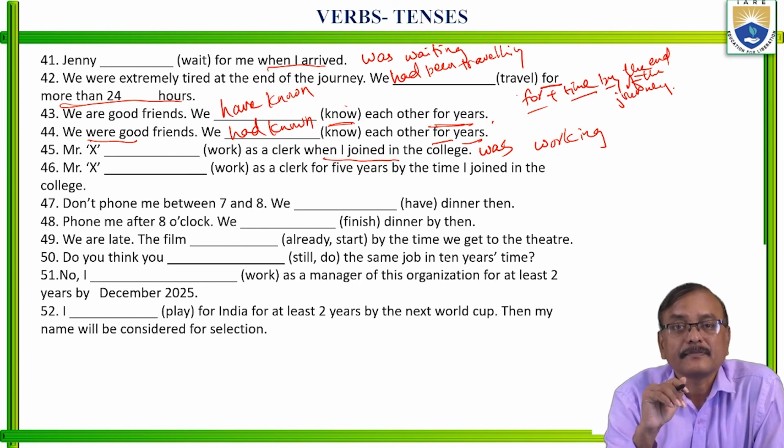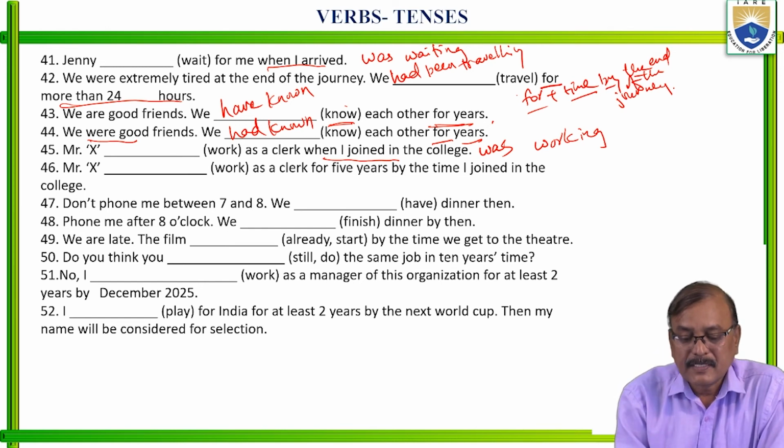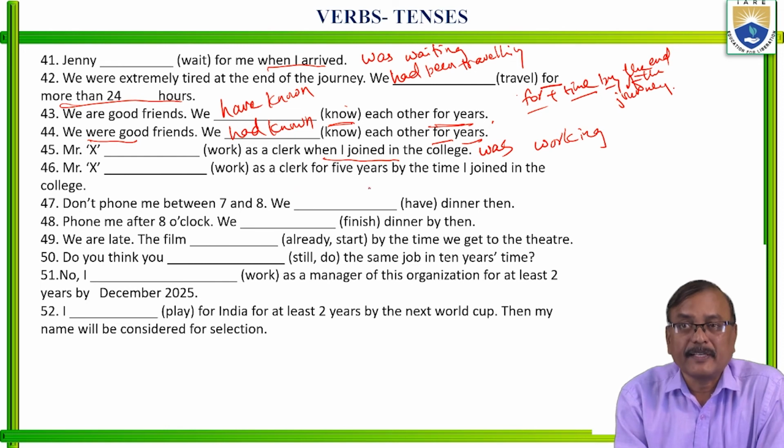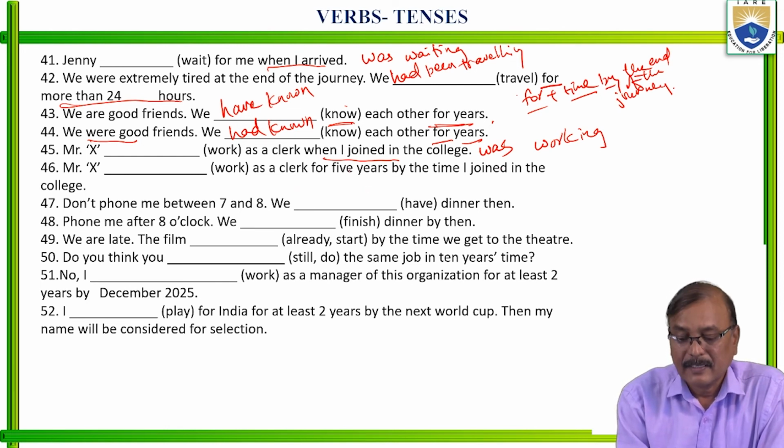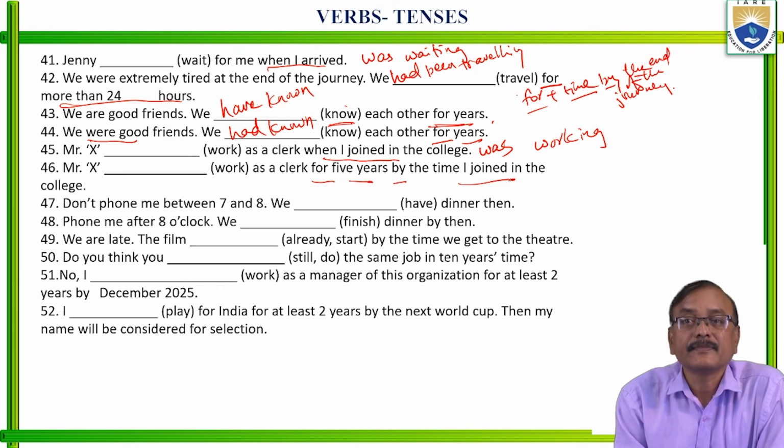Okay. Mr. X worked as a clerk for 5 years by the time I joined in the college. You see here, for 5 years, by the time I joined. For plus time, by past. What is that? Past perfect continuous tense.